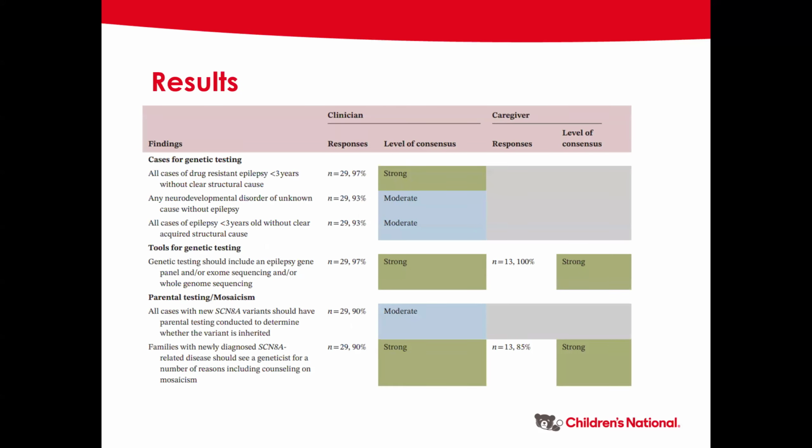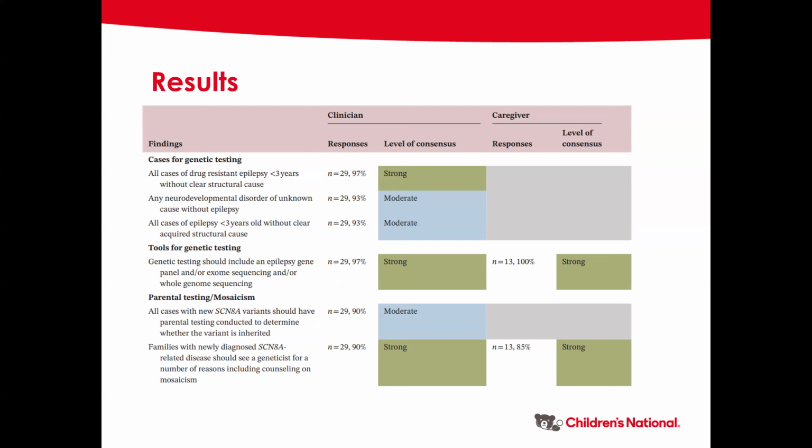Okay, so here were the results and levels of consensus. This won't be all the questions, but those that were generated in that 3rd round, and we'll go over the degrees of consensus here. So first, we'll talk about the utility of genetic testing and reason for genetic testing.